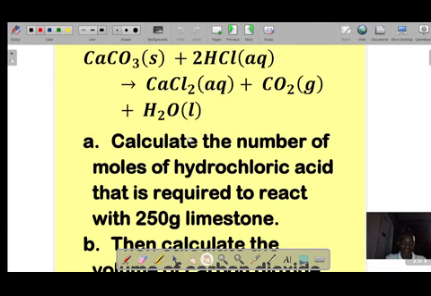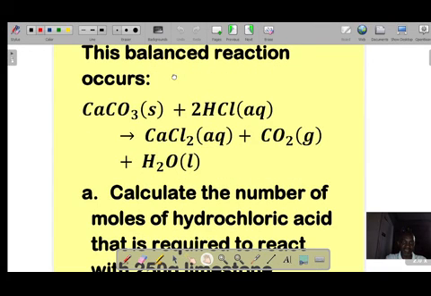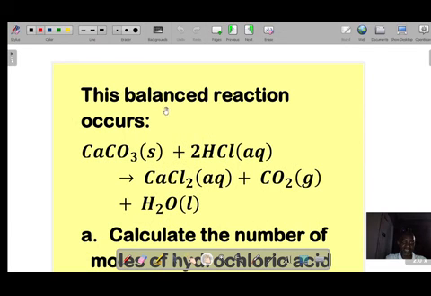The balanced reaction that occurs here: we have calcium carbonate solid plus 2HCl aqueous to give us calcium chloride plus carbon dioxide gas plus water.